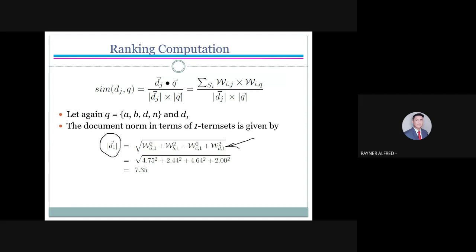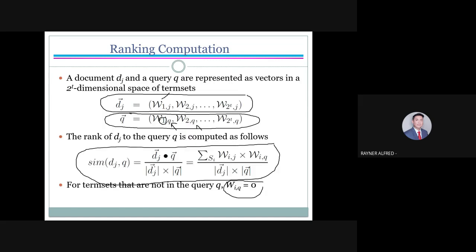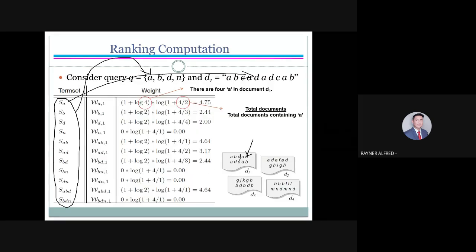So we take the square root of the term set A in document 1, term set B in document 1, term set C in document 1, and so on. Okay, so how do we get this number? We are taking this one, A, B, D, N. So we are taking all these 4. We take the square of this plus square of that, and so on.